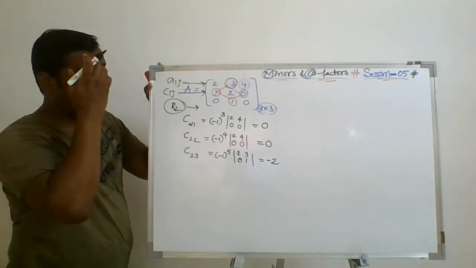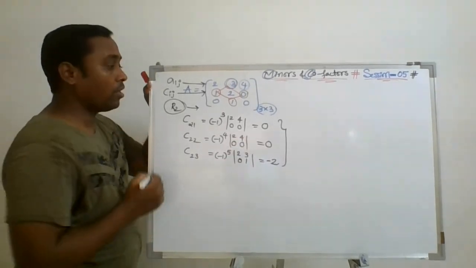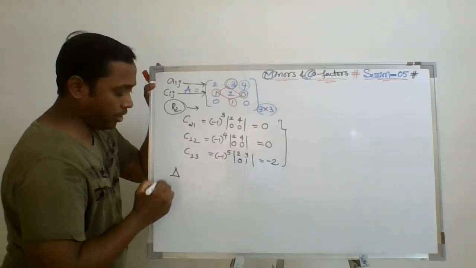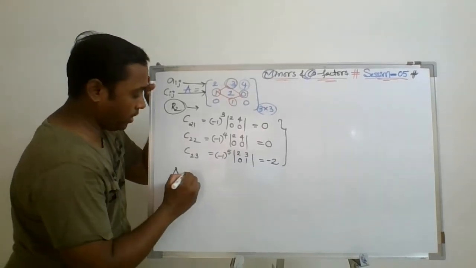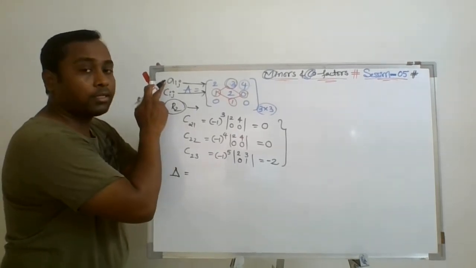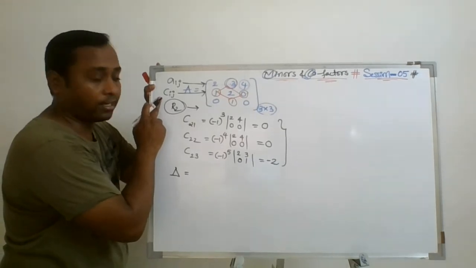So here I have found the cofactors of the second row. Now I am trying to find the determinant value with the help of the row 1 elements with the row 2 corresponding cofactors.